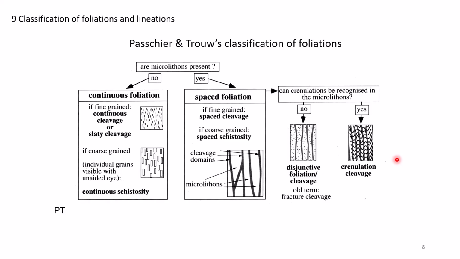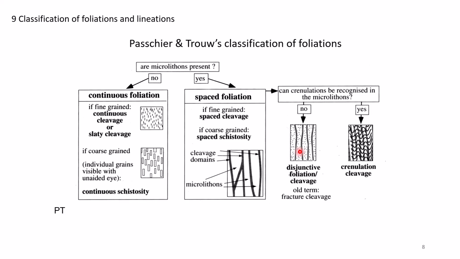We are going to explain how these features are forming, but for the purpose of the classification, for now we are only interested in whether these crenulations are present or whether they are absent. If they are present, we refer to this form of spaced foliation as crenulation cleavage. If they are not present, we simply would talk about a spaced cleavage, sometimes also as disjunctive foliation or disjunctive cleavage.